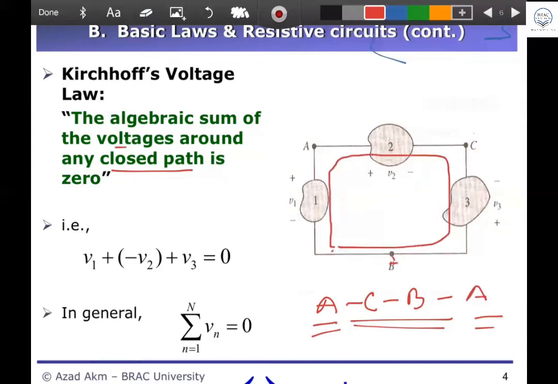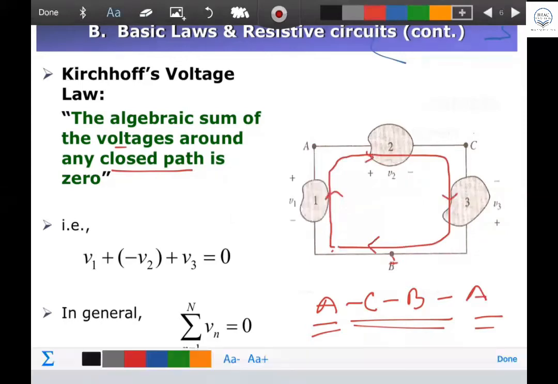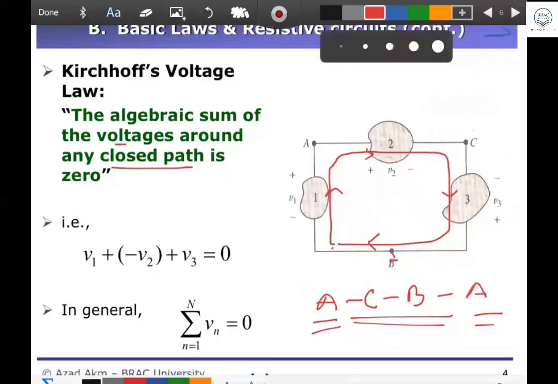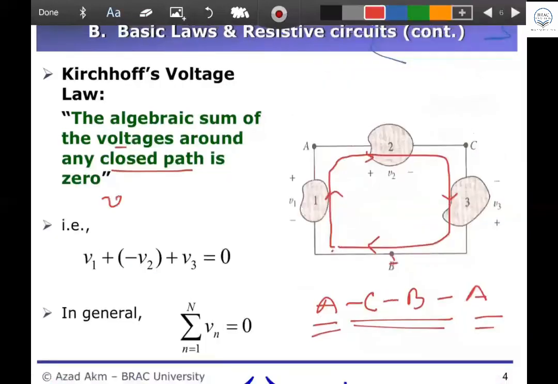If you go that way, you come across the three voltages V1, V2, V3, so the algebraic sum of V1, V2, and V3 will be coming here.